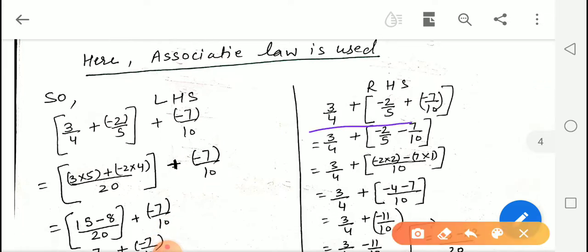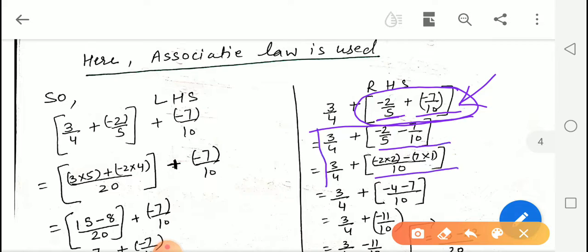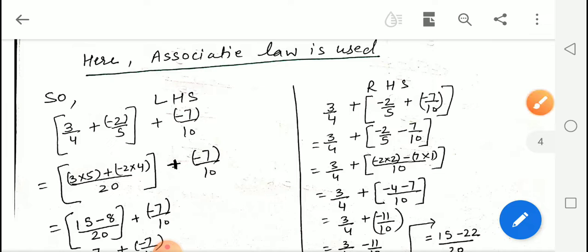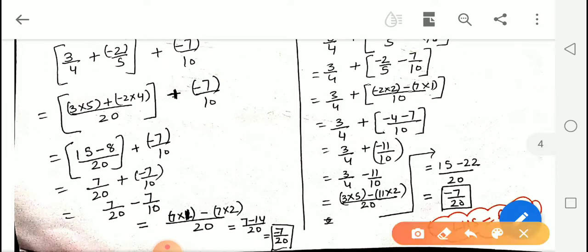On right hand side the groups are changed. Now in the bracket the second number and the third number are there. So we will solve this bracket first, like this. We have solved this. The first number we are writing as it is, and at this step we have solved the numerator, and after solving we get this bracket as negative 11 upon 10.